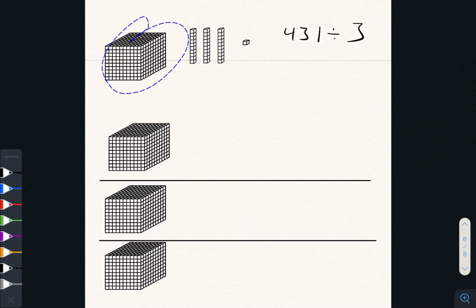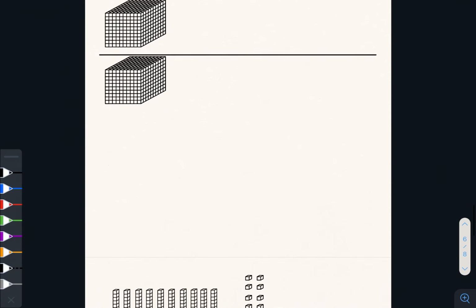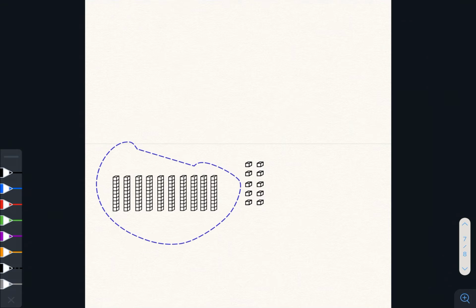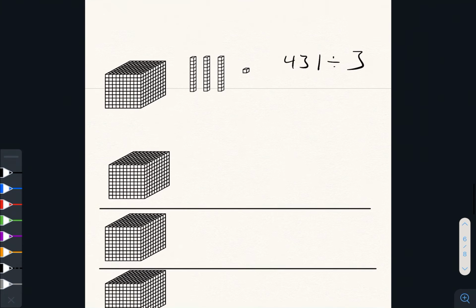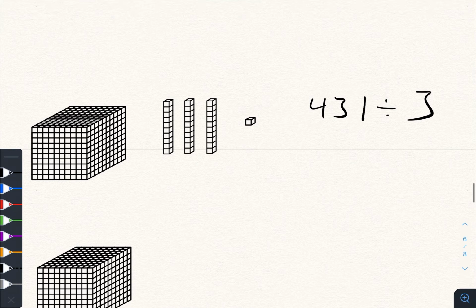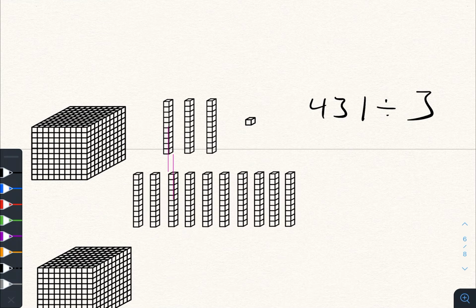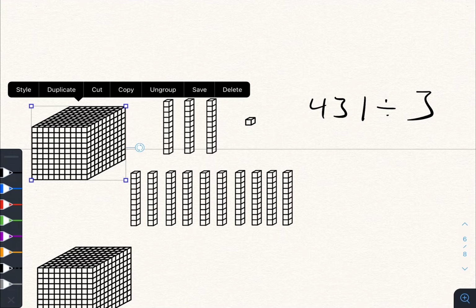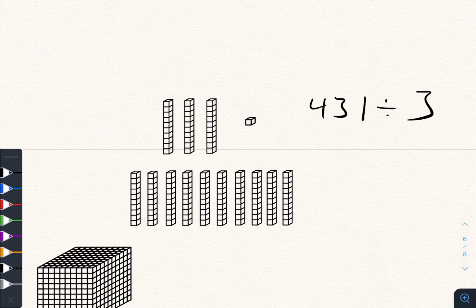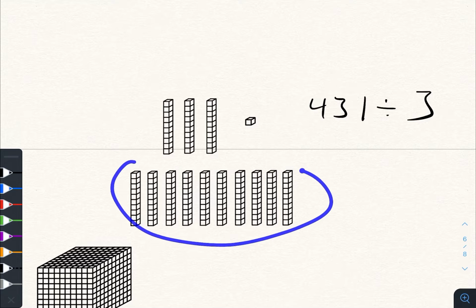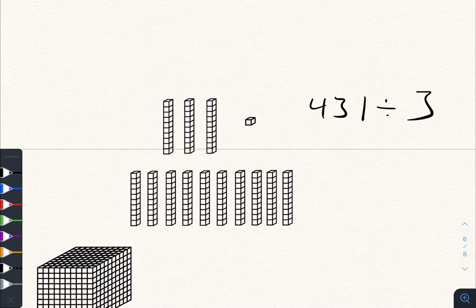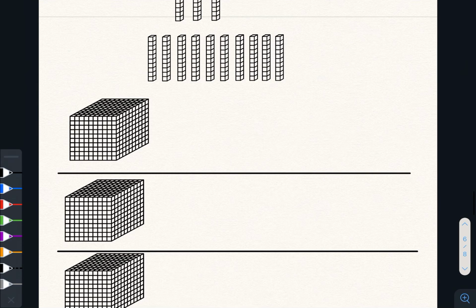Now this leftover 100, I have to do something with that. I have to do an exchange. So let's exchange this 100 for 10 tens, so that now I can divide the 10 tens equally among the 3 groups.